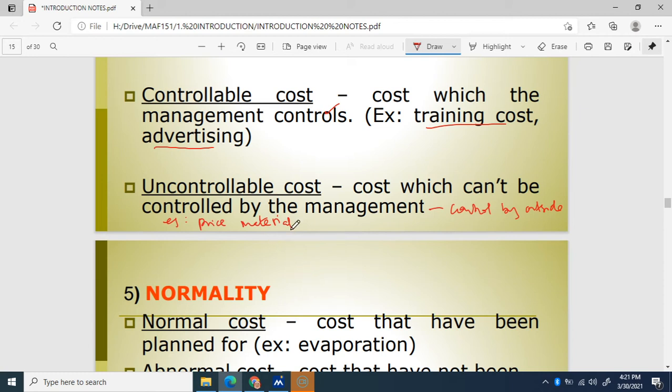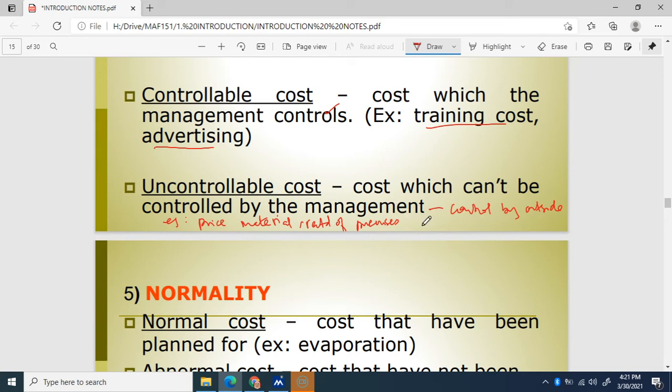It is controlled by the market or by the supplier. Rental of premises is controlled by the landlord. As a tenant, you cannot control the rental rate.